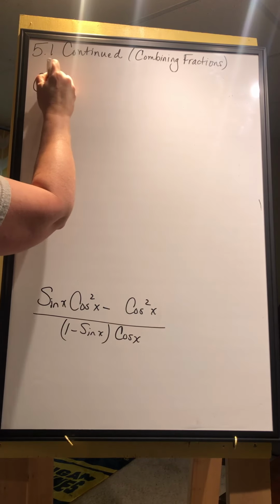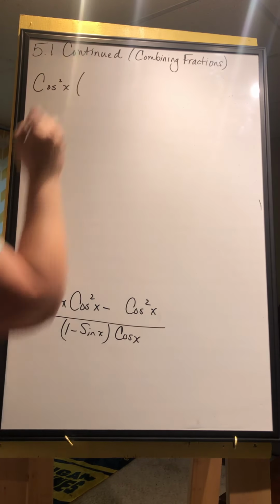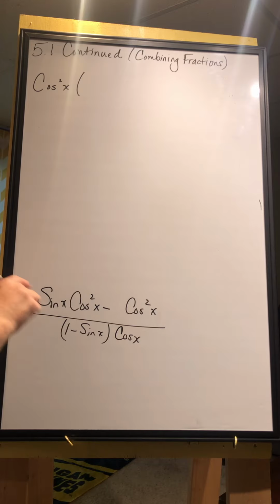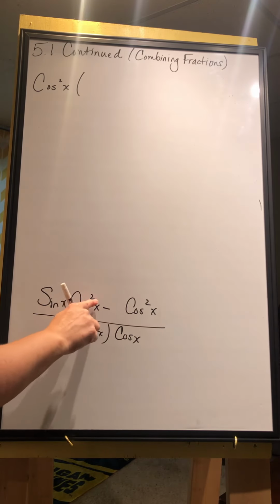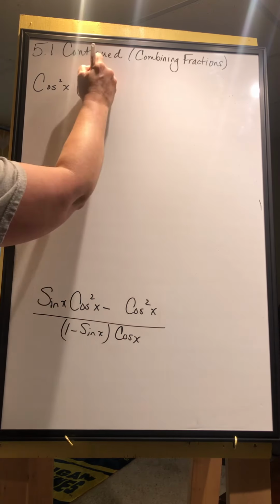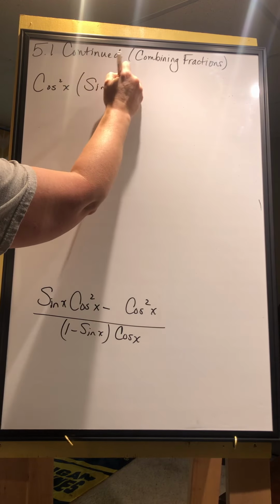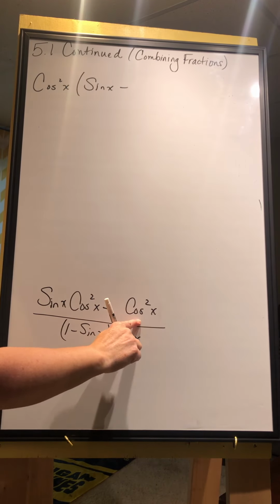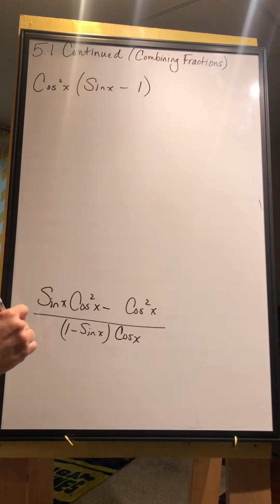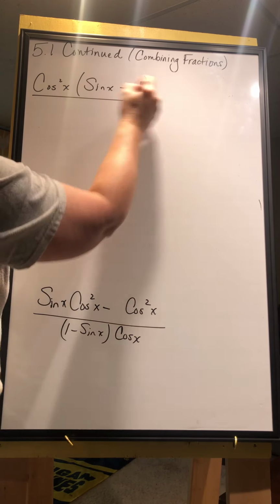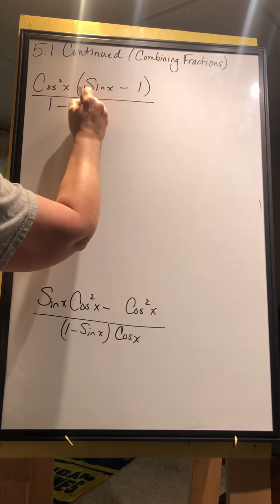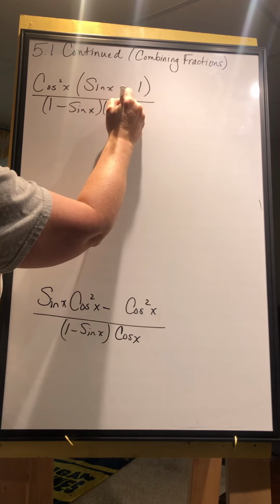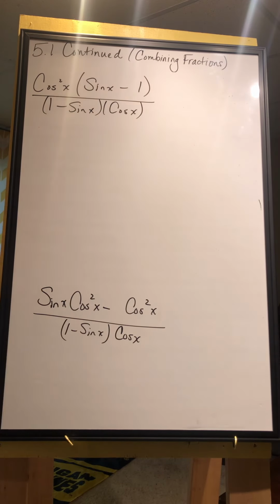If I factor a cosine squared x out, just in the numerator, that's going to leave, in this term, since I'm taking this out front, sine x minus, I'm taking the whole term out, so it's going to be a 1. That's over 1 minus sine x times cosine x.